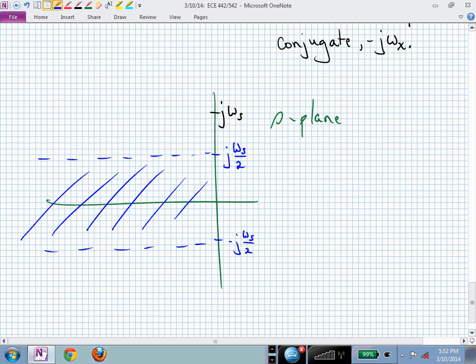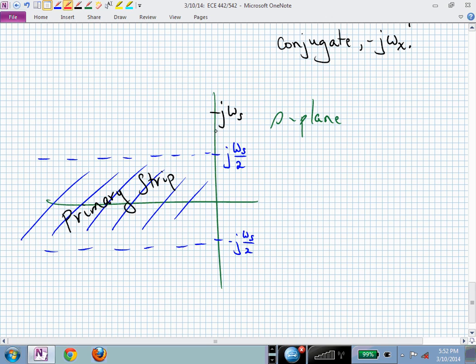Anything beyond that is actually going to get flipped down and look like it's in the primary strip anyway. Let me call this the primary portion, or the primary strip of the complex S-plane.